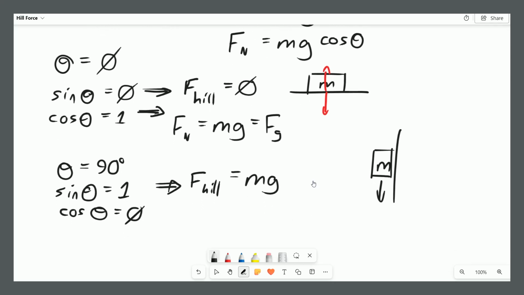And what about normal force? If cosine of theta is 0, then your normal force is also equal to 0. There is no normal force. Your mass is not pressing up against the surface, and so the surface isn't trying to reclaim its natural shape by pushing your mass outward. There is no normal force.